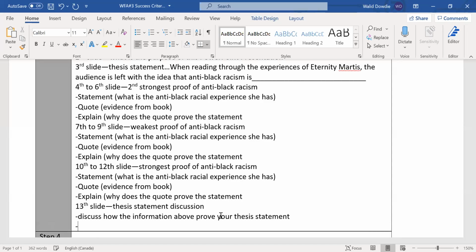Then you're also going to explain why the thesis statement is important in understanding how to combat anti-Black racism.